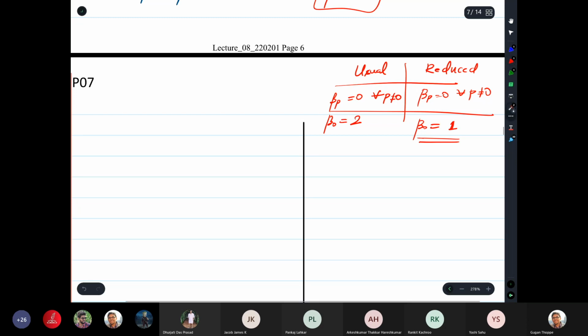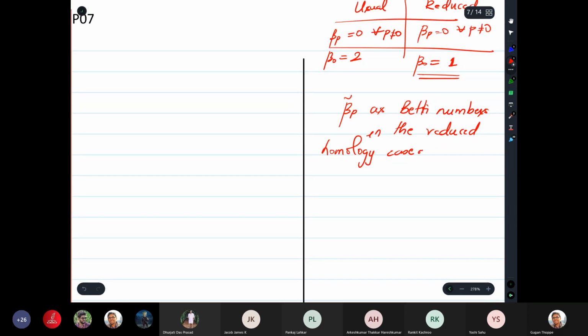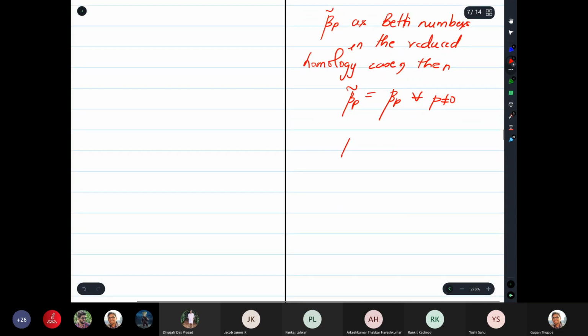So you can see that the only difference actually occurs in beta 0, and in general one can show that if you represent beta p tilde as the Betti numbers in the reduced homology case, and beta p as the usual homology, then beta p tilde will equal beta p for all p not equal to 0, and beta 0 tilde is beta 0 minus 1, right?